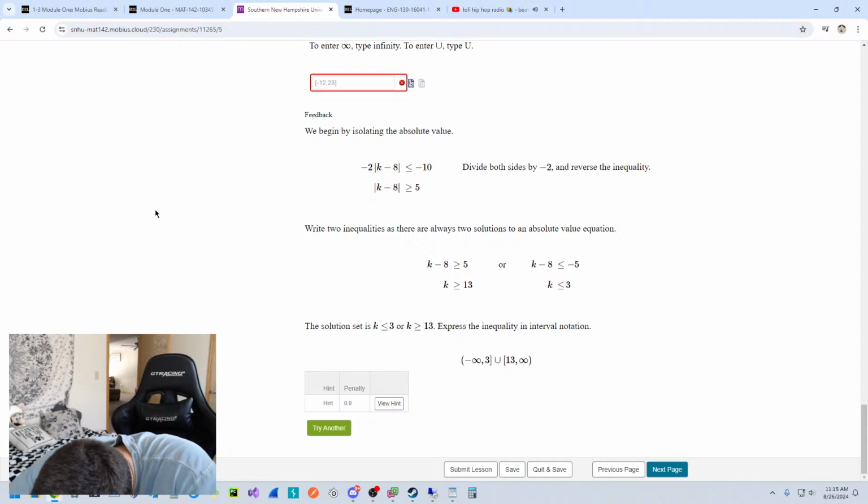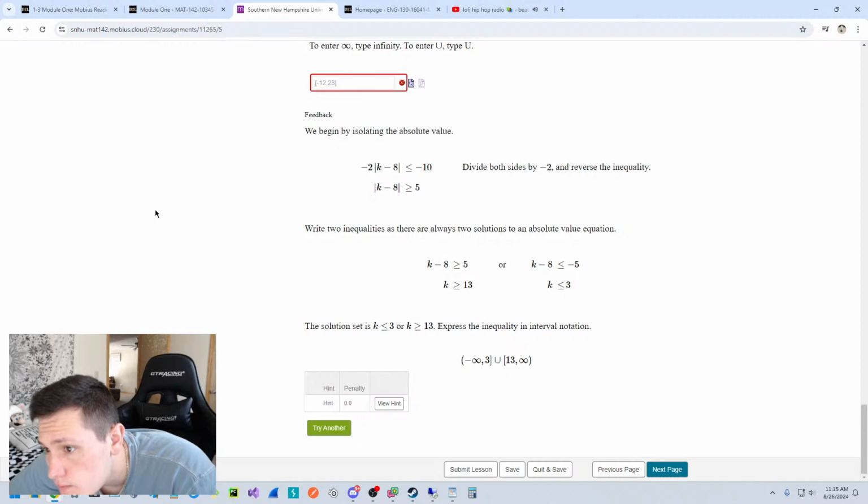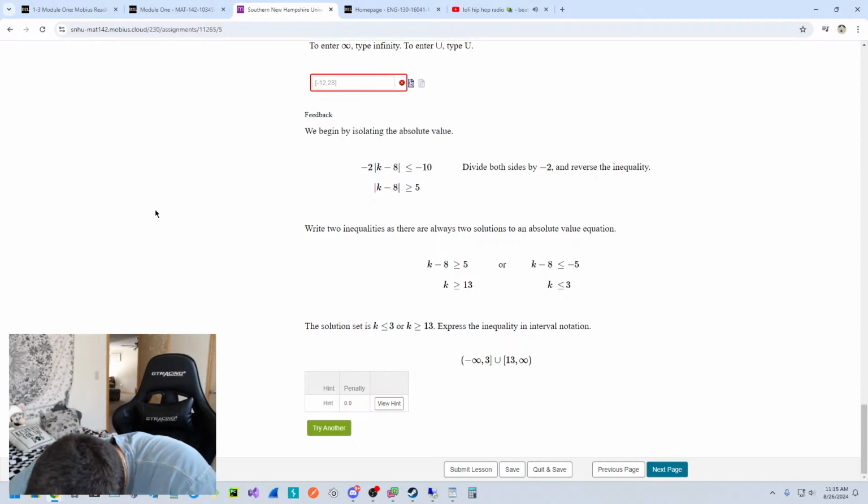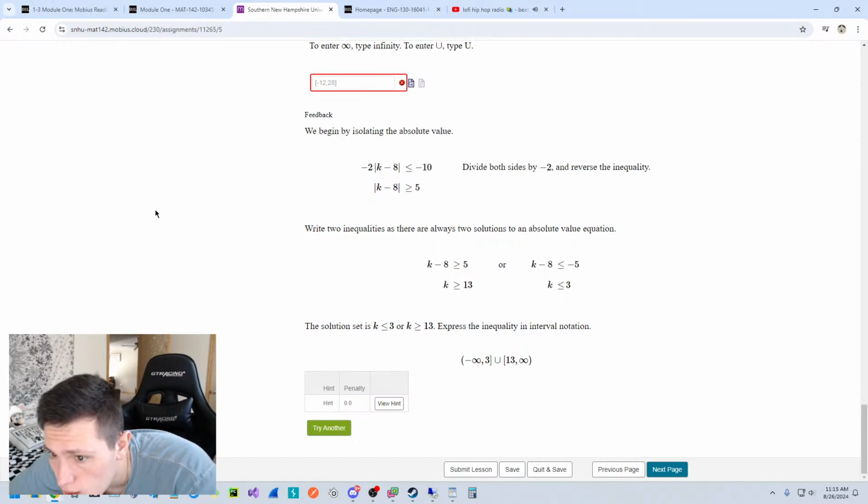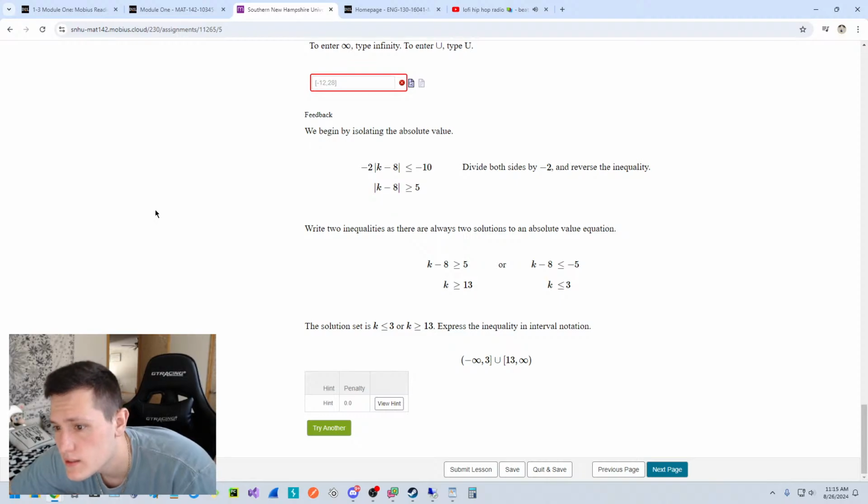I think that's what I actually did wrong. Then this becomes k minus a. Then I have to write two inequalities as these two solutions.